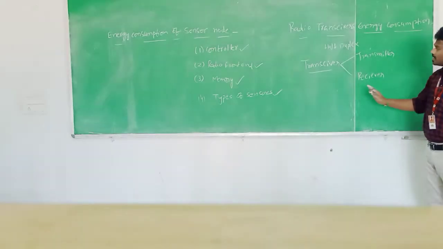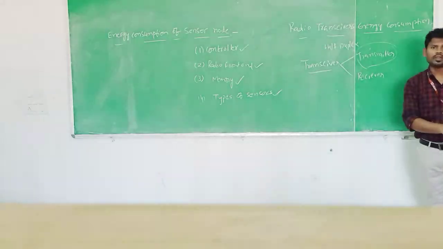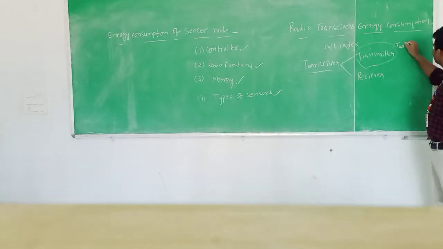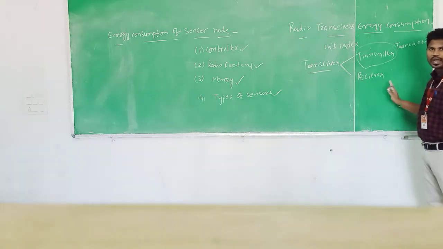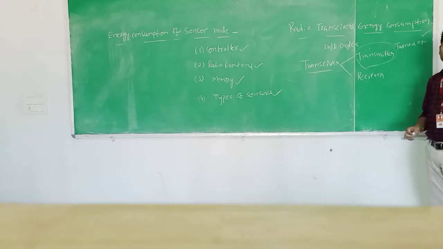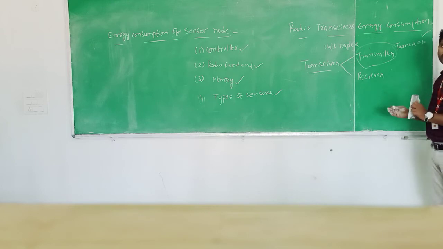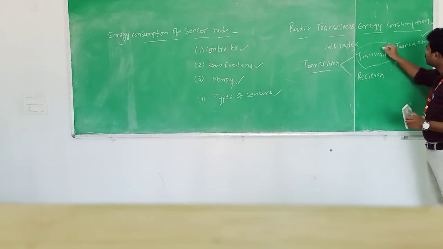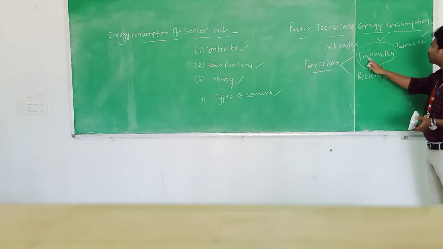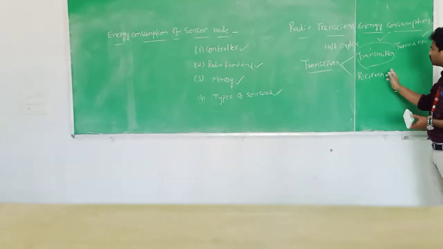While transmitting the data, the transmitter is always turned on. So to transmit the data from one device to another device, the transmitter will always be on. If you complete transmitting the data and then turn off the transmitter, the energy consumption due to this transceiver will be reduced.